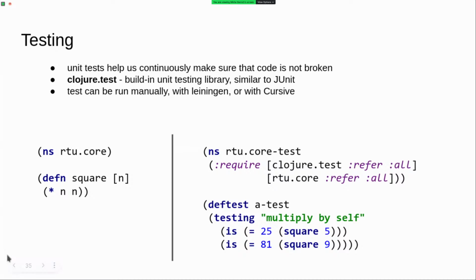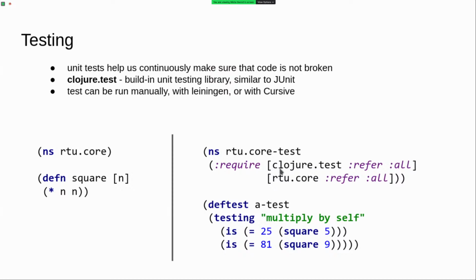Okay, so as an example, on the left you can see a simple production code, so to speak. A simple file that defines its namespace and a function square. And on the right, you can see a corresponding testing file that has its own namespace, which is usually the same as the namespace of the target file plus test.